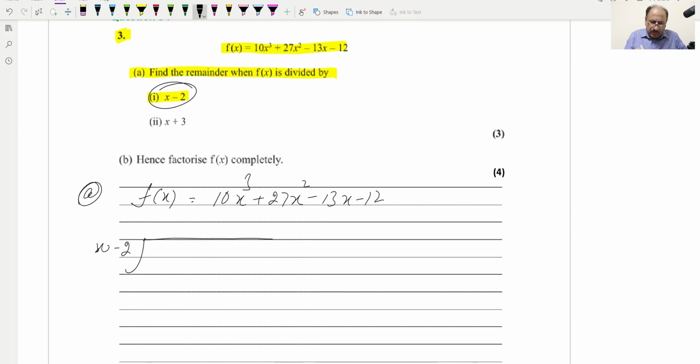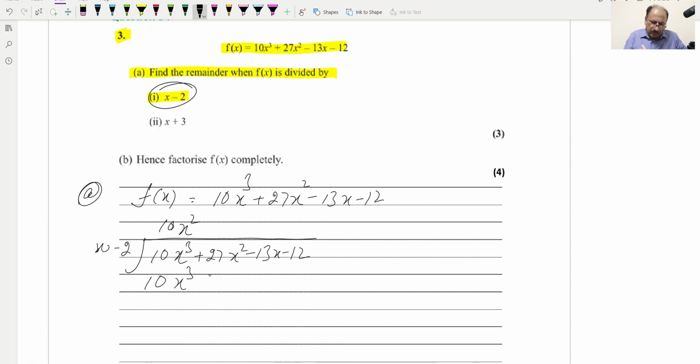x minus 2 will be outside, and inside we can write 10x cubed plus 27x squared minus 13x minus 12, and we can multiply by 10x squared, so it will be 10x cubed.